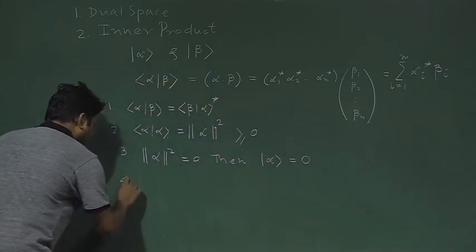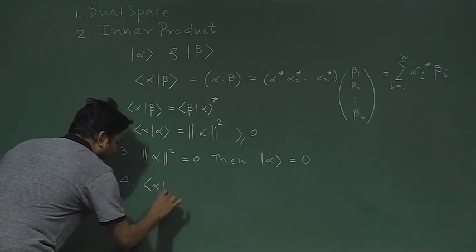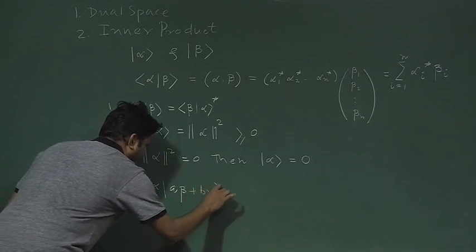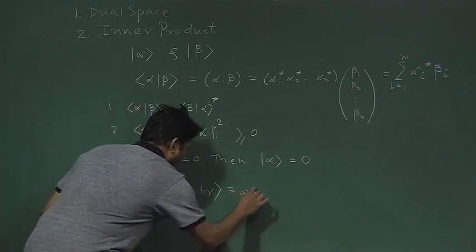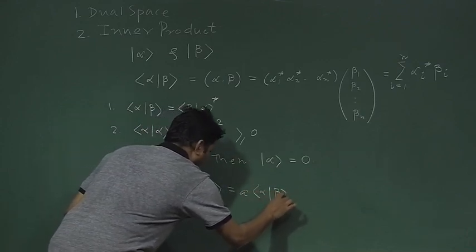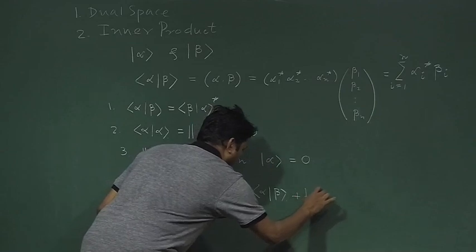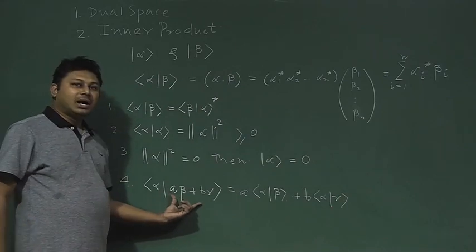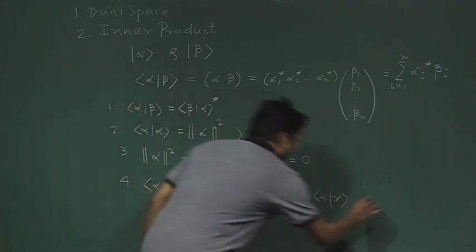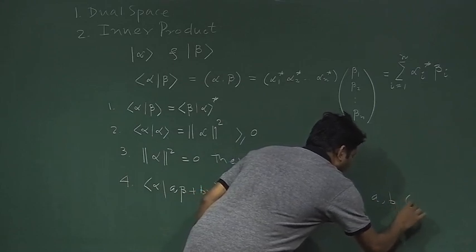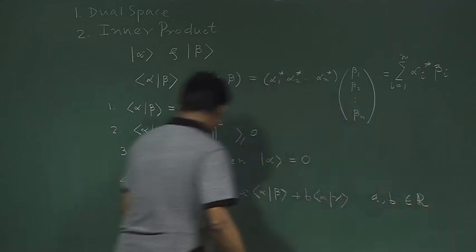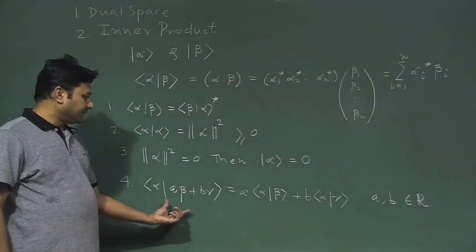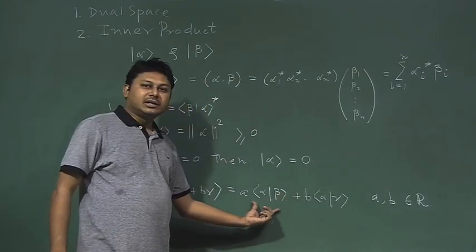And finally, for the linear combination property, where A and B are two scalars that belong to the field, or real numbers here, this kind of associated property is followed by these vectors under the inner product.